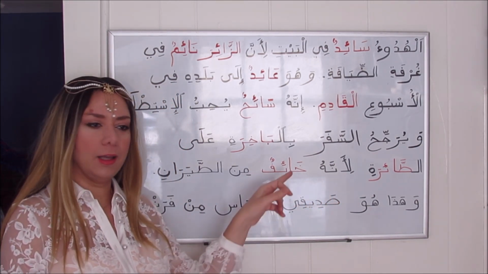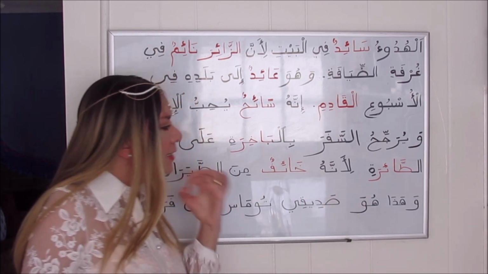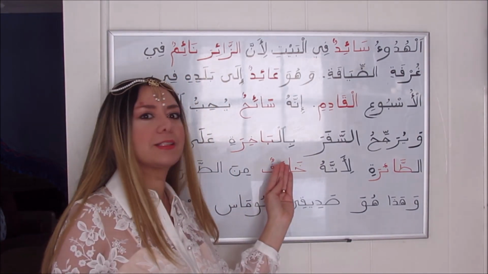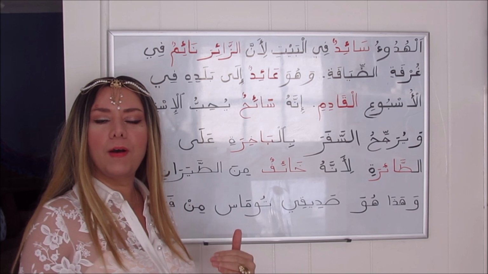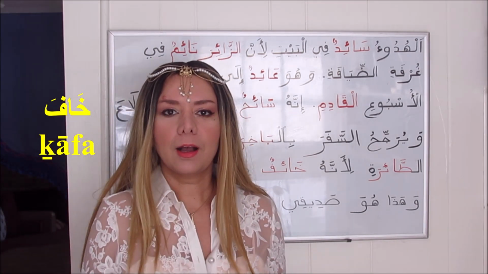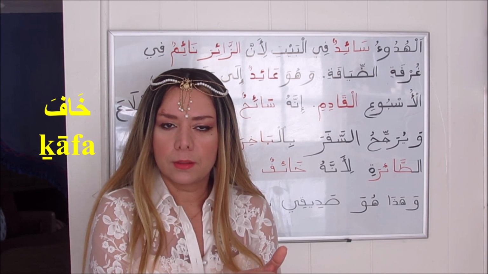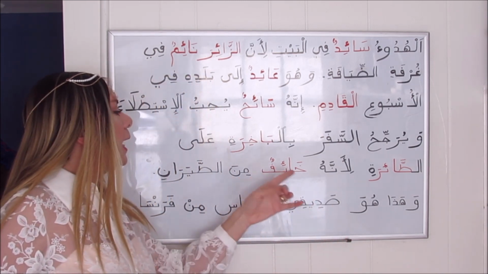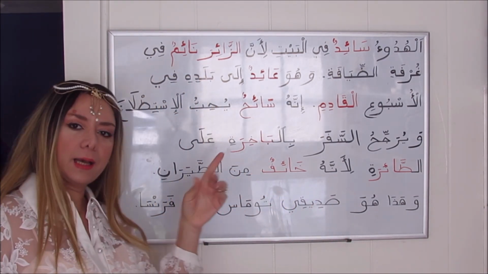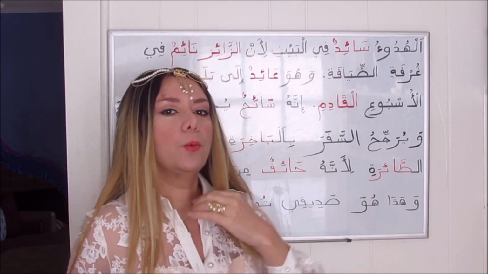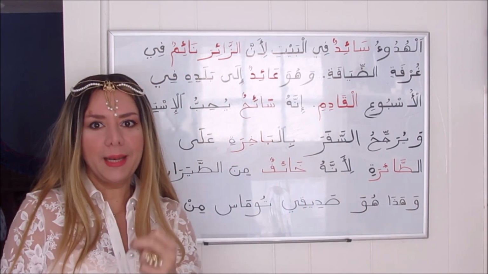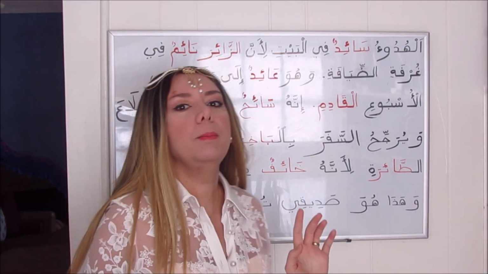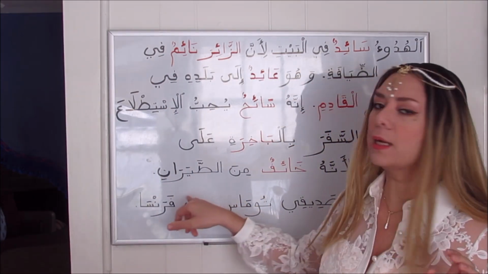خائف. خائف is the predicate of لأن, and it is an active participle of what verb? Let's remove the hamza with its kasra. خاف, to be frightened, to be terrified, to be scared, you name it. لأنه خائف من, and خاف is constructed with the preposition من. لأنه خائف من ماذا؟ من الطيران.